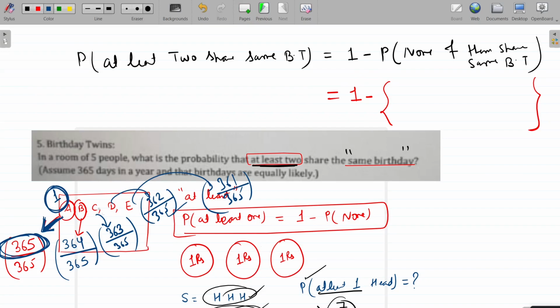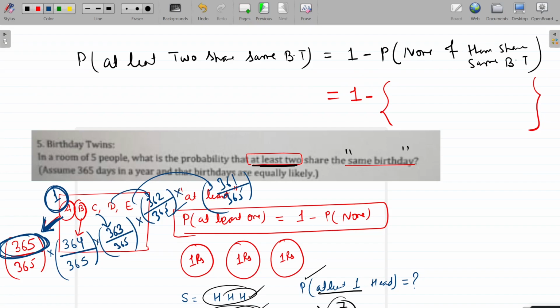And you want all these events to occur simultaneously. You don't have the option that A is born and B is not. You have to give birth to all five friends, so obviously we have to multiply all of them.